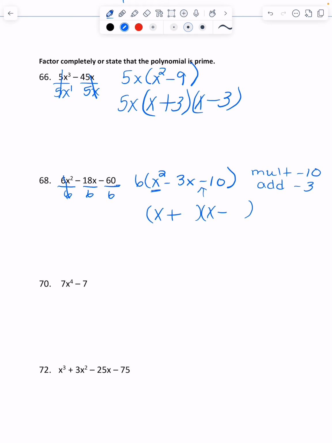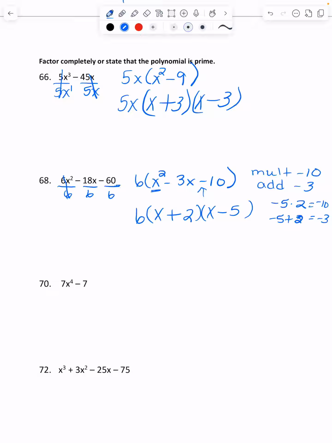So that would be a negative 5 and a positive 2. They multiply together to give me negative 10, but they add together to give me negative 3. So wherever you put the negative, the 5 goes with it. Wherever you put the positive, the 2 goes with it. And don't forget to bring down your GCF.